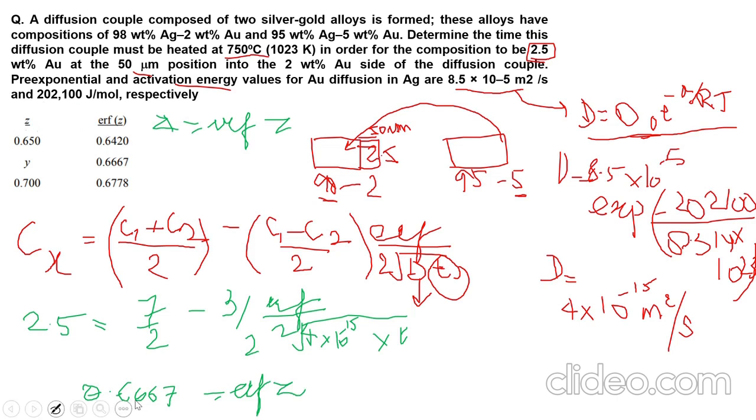So this is 0.6667. You know that ERF of z is equal to 0.6667, so you have to find the value of this y here. Once you find the value of your y, then you can find the value of your time also.